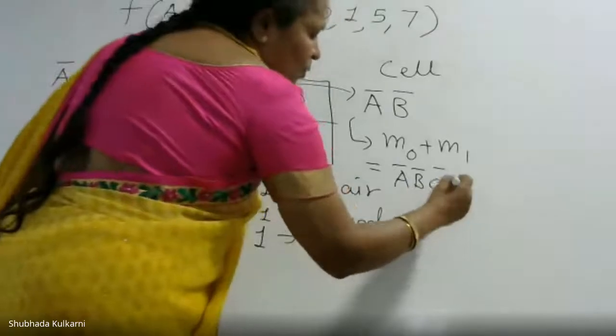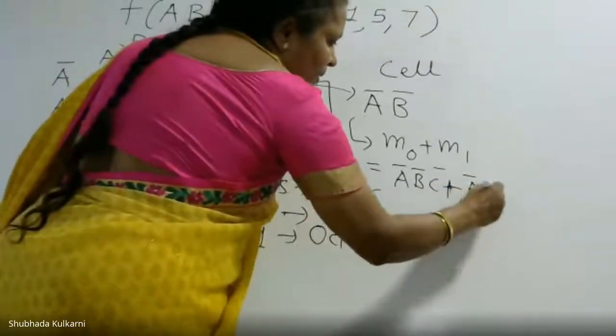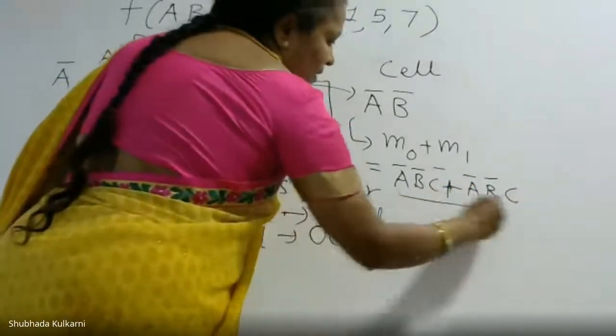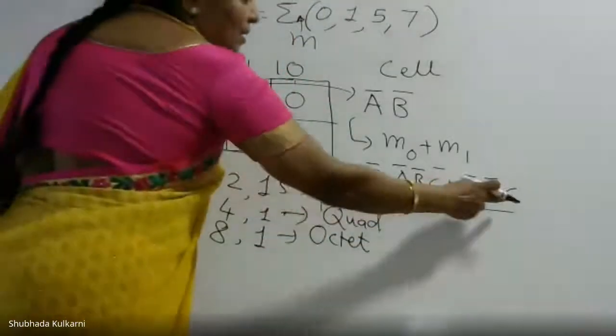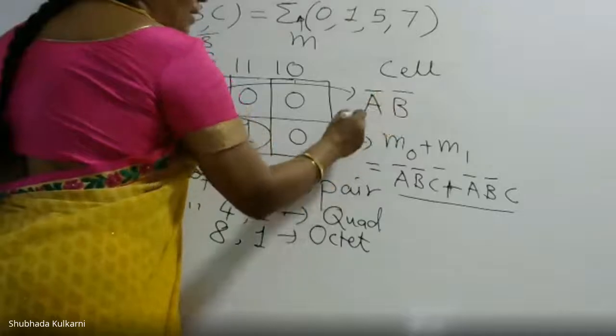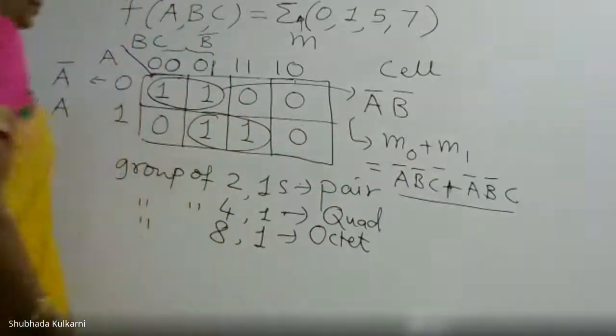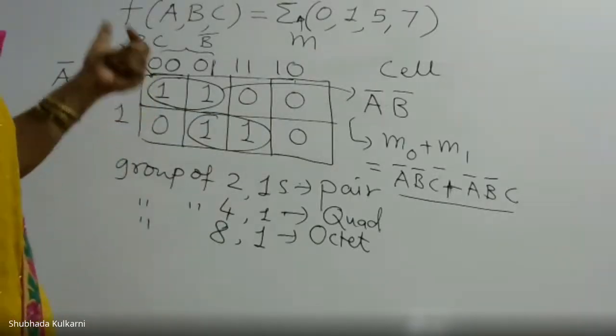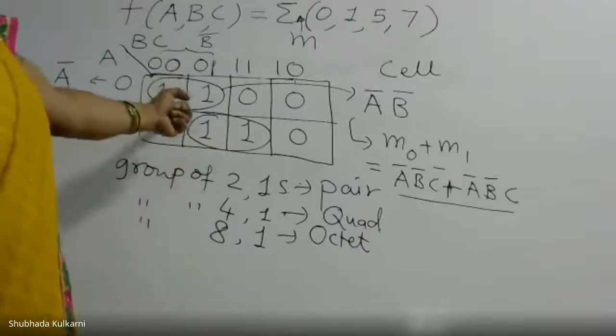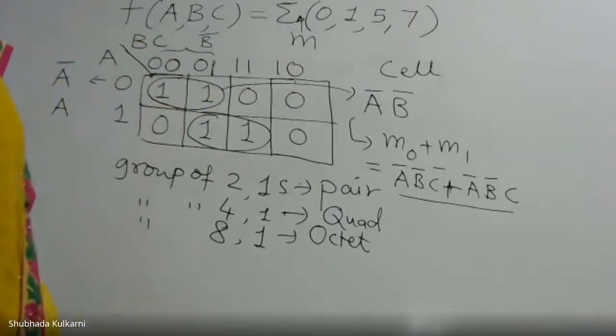M1 is 001, A bar, B bar, C. Now you can see A bar, B bar is common. C bar plus C is 1, and that's why you got this. So this is the expanded form, and this is the simplification by using K-map. So with K-map, a group of 2 ones will eliminate one variable, and the product term is given like this.